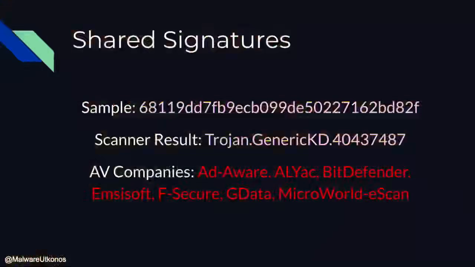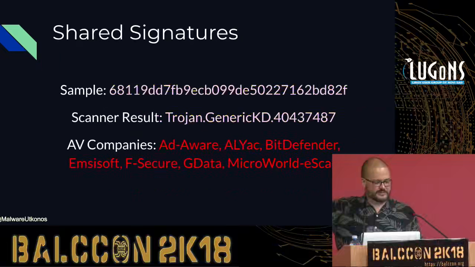So this is an example of this. That's the MD5 for the sample. You can go find it on VirusTotal. The scanner results. So this is just a generic scanner result, but I picked this one out because it's both generic and also fairly specific. That number is very unique across all of the scanner results.